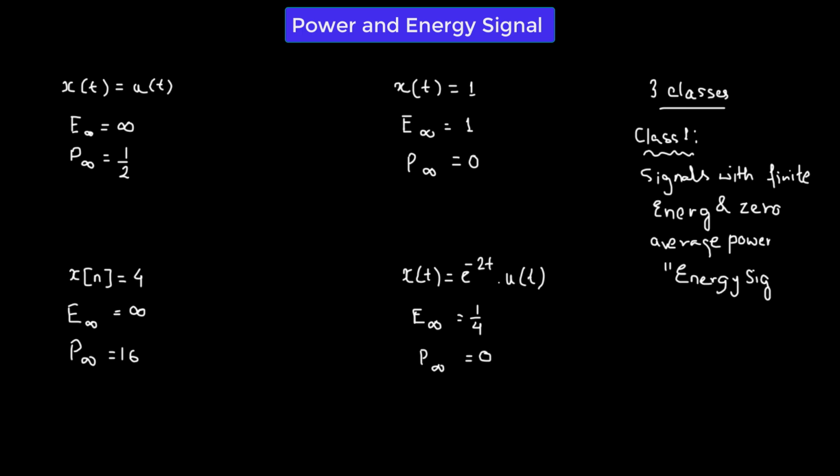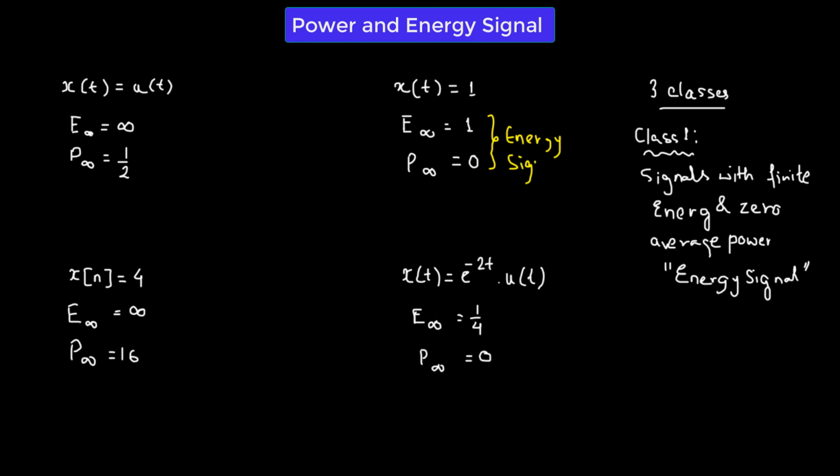These signals are going to have a finite value of energy, but the average power value is going to be 0. From our 4 examples, wherever we have finite values of energy, we have the continuous time signal x of t equals 1 having the energy value equal to 1. This is a finite value, so this belongs to class 1. This is an energy signal.